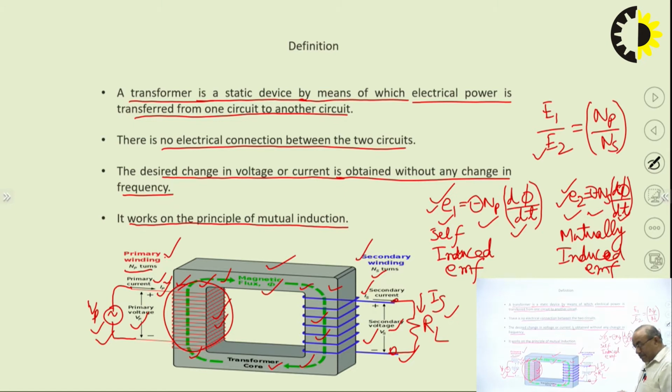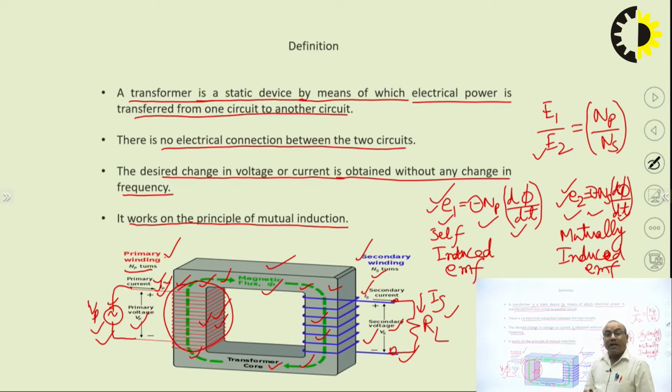But in case I connect DC supply on the primary side rather than AC supply, then the current IP on the primary side will be constant current rather than time varying or sinusoidal current. Due to it a magnetic field and magnetic flux will again be developed around the primary winding, but that magnetic field will not be time varying, and the flux will have constant magnitude.